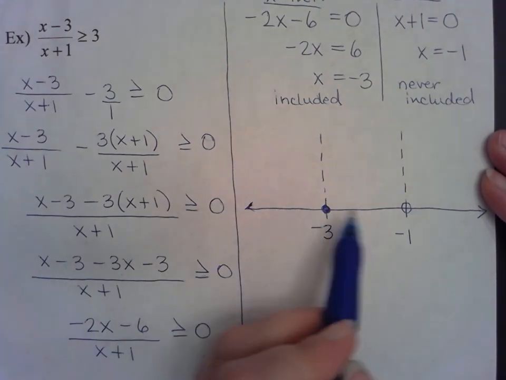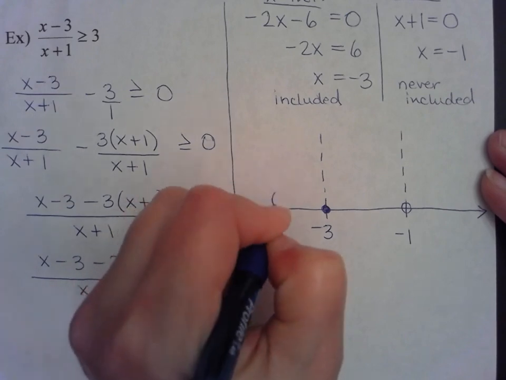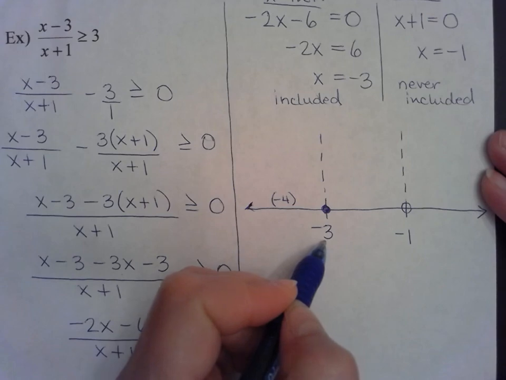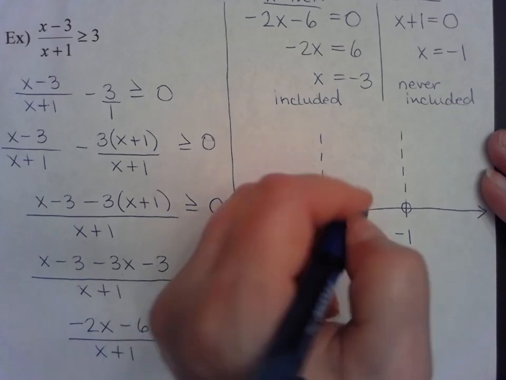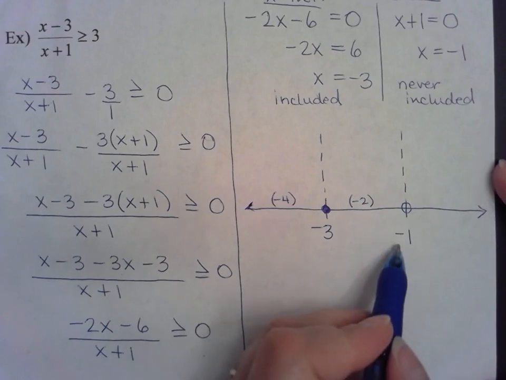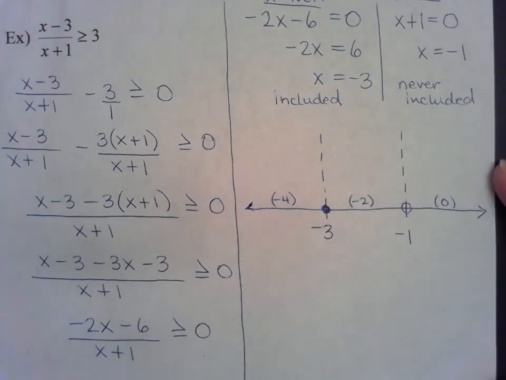Then we're going to test a value in each region. So pick a number smaller than -3, -4. Pick a number between -3 and -1, -2. And pick a number bigger than -1, like 0.